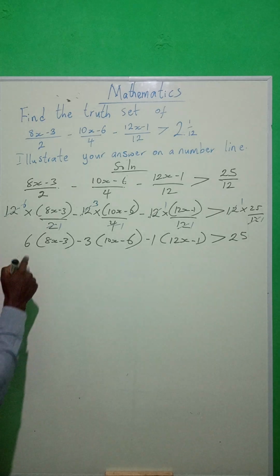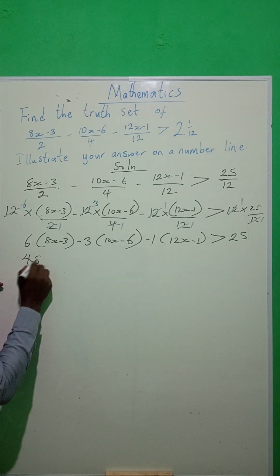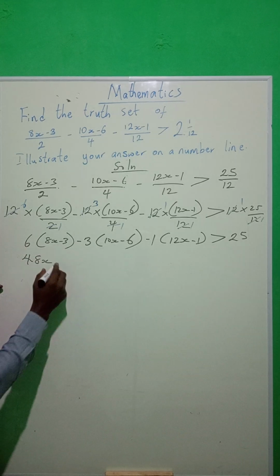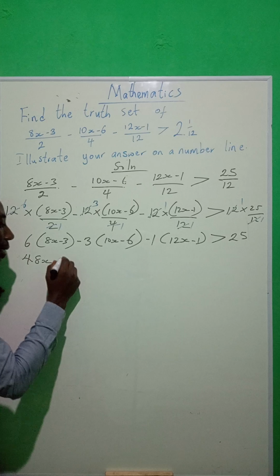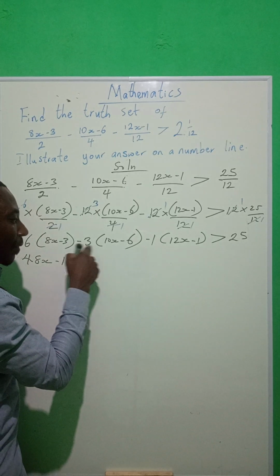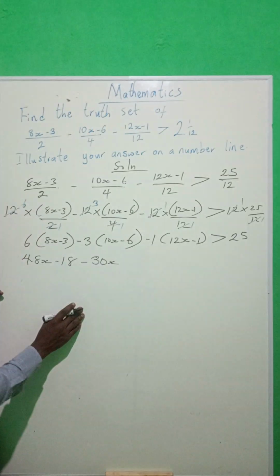So let's multiply this with 6, multiplying 8x. That will give us 48x. 6 times negative 3 is negative 18. Then minus 3 times 10x will give you negative 30x.